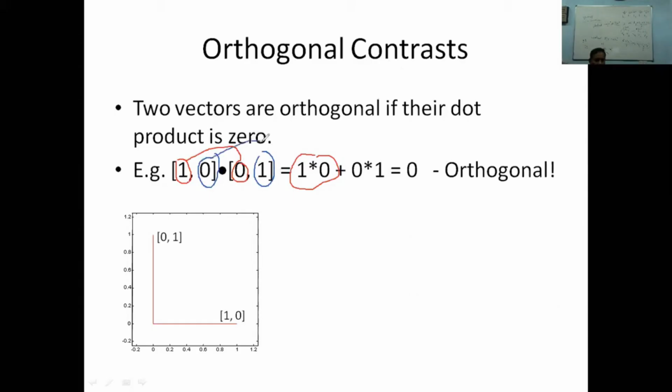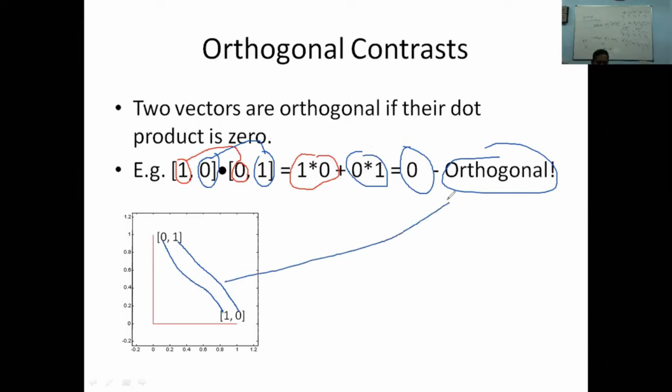If you look at the addition of these two products, that is equal to 0. So this is called orthogonal. 0 multiplied by 1 plus 1 multiplied by 0, which is 0, is called orthogonal.